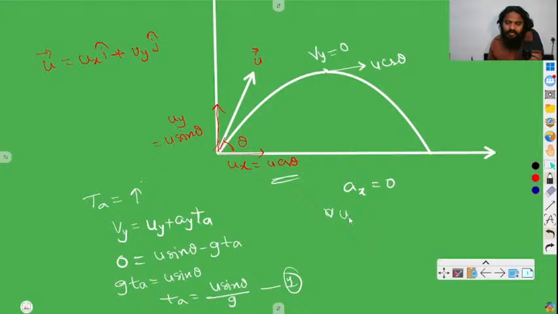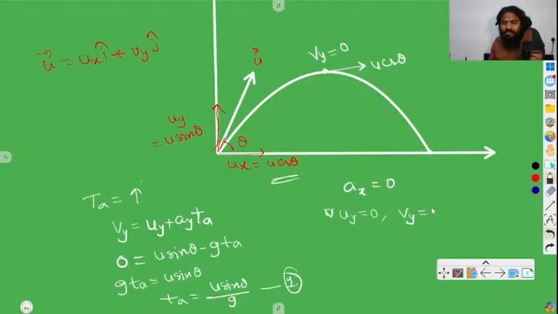So uy is equal to 0, because at this point the initial velocity along the y-axis is 0. And while striking the ground, I told you already, with whatever velocity the object rises vertically, with the same velocity it strikes the ground.